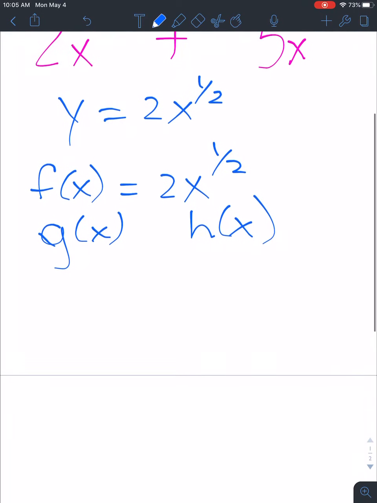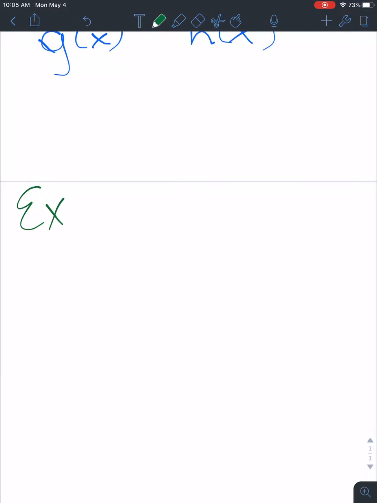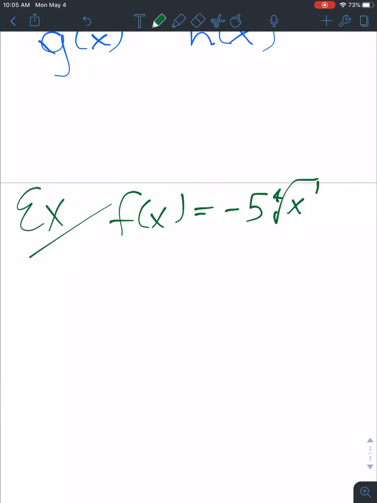All right, so let's go ahead and do an example. If f of x was -5 times the 4th root of x, and g of x was 19 times the 4th root of x.